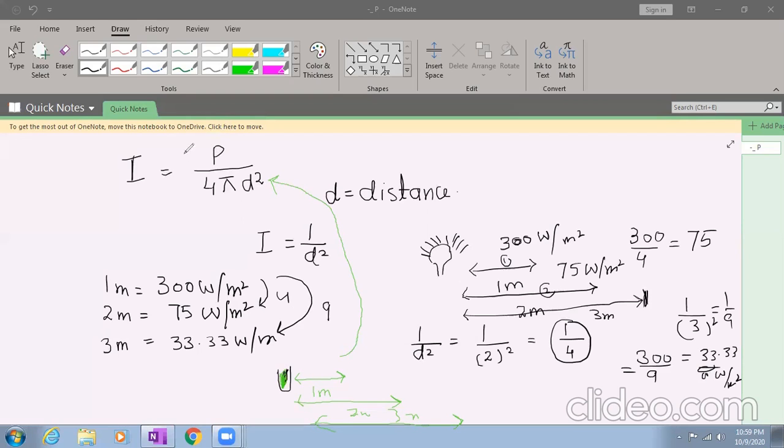When you put it, it will show you light intensity for 1 meter, same you put that value here, it will show you for 2 meter, and same you put that value here, it will show you the light intensity for 3 meter distance. So at different light intensity you can find the rate of photosynthesis. I hope this is clear to you all.